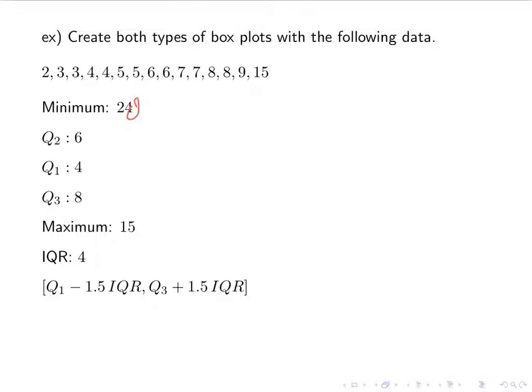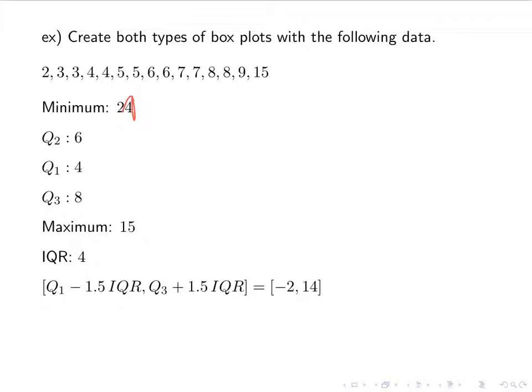So that range, remember, is Q1 minus 1.5 IQR up to Q3 plus 1.5 IQR. So if I take Q1, which is 4, and I subtract 1.5 times 4, I get -2. If I take Q3, which is 8, and I add to it 1.5 times 4, I get 14. So my range is -2 to 14.